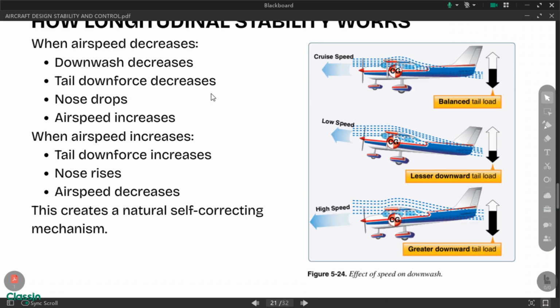No? So, by design, yung aircraft natin naturally seeks a new equilibrium condition. Notice na walang input yung pilot na ginawa. So, inherently, by design, nung nose heavy characteristic natin and yung restoring balance ng tail natin, they naturally seek an equilibrium.